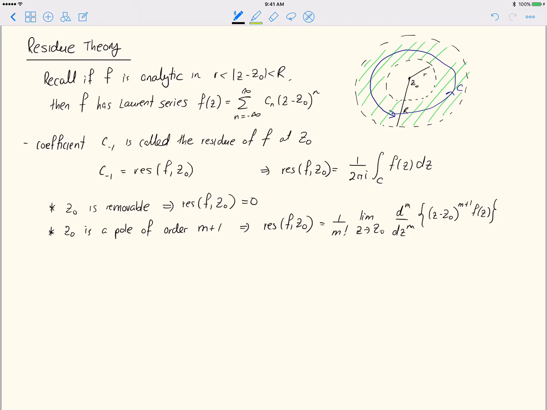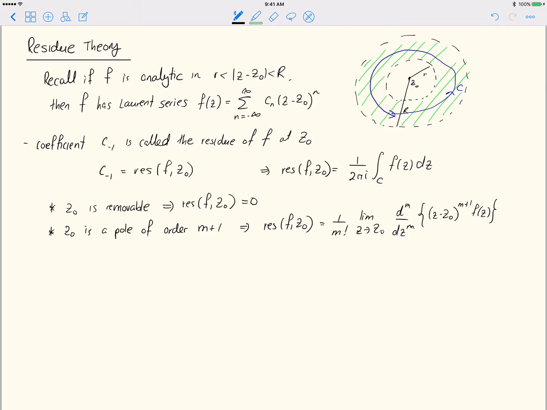So take z minus z0, raise it to the power of m plus 1, multiply that by f, differentiate it m times, take the limit as you go to z0 and divide by m factorial. That would be your residue when you have a pole.